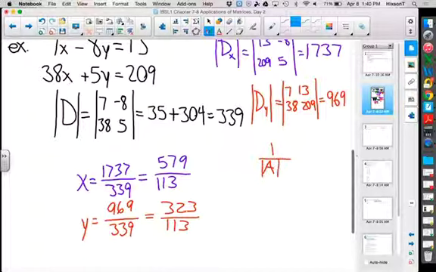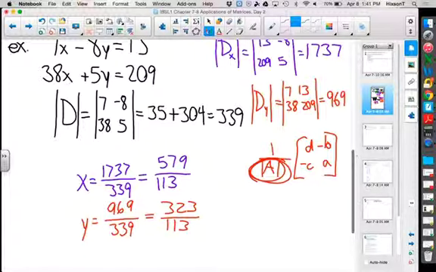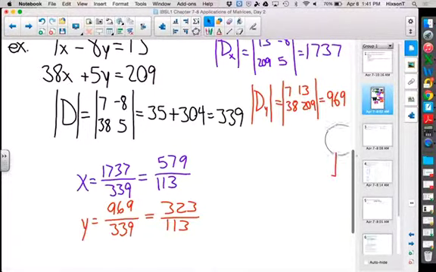It had that, and then you had D, negative B, negative C, A. This is the only part we're using for Cramer's rule. Alright. Any other questions?